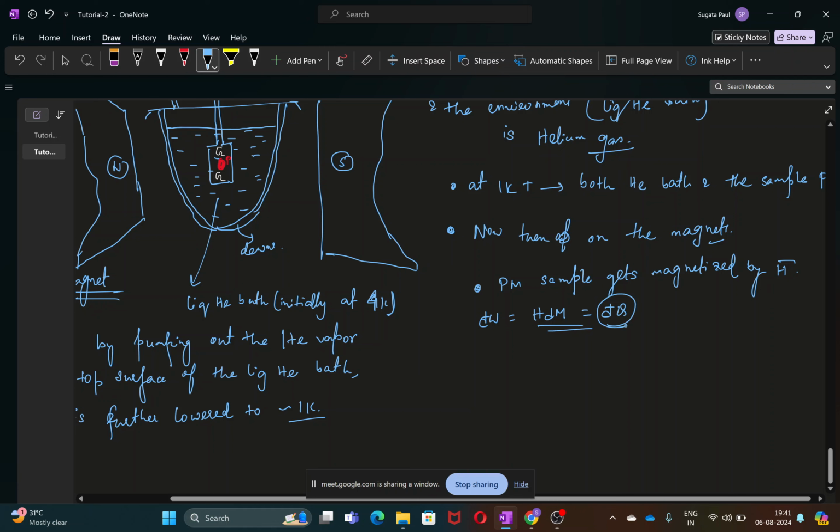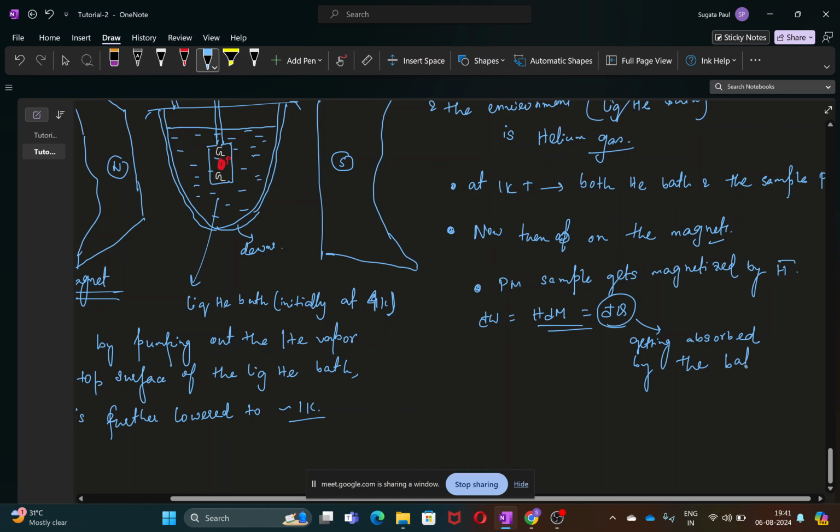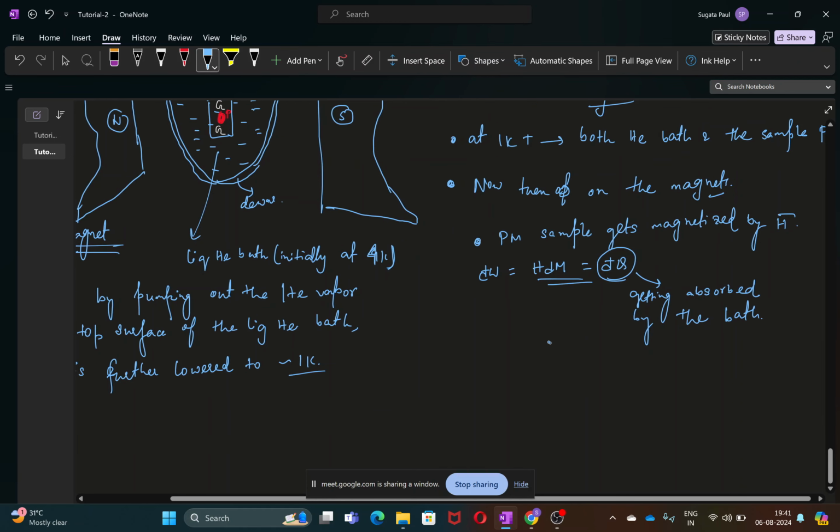So some dq amount of heat is generated to compensate that, and that is getting absorbed by the surrounding, which is the bath in this case, and the heat is getting transferred by the helium gas medium inside, denoted by G. So getting absorbed by the bath, which is the environment in this case, the system's internal energy remains unchanged. So dU, the change in internal energy, is equal to 0, and U is constant. The total internal energy of the system is constant, or the temperature of the system remains constant. So this is an isothermal process, up to this state.